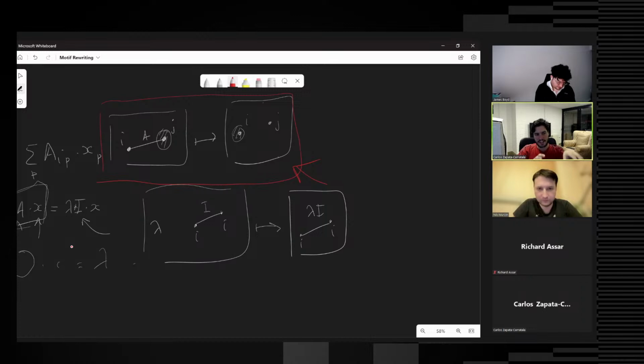So the equation is telling you which distributions X, that's the question of eigen, and which X and lambda satisfy this property that they basically only concentrate, right?